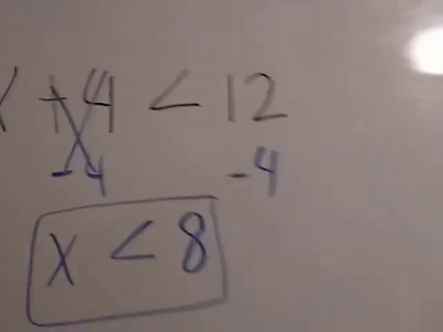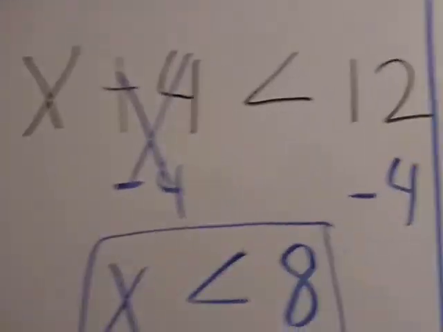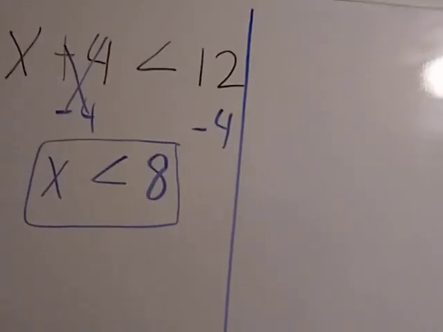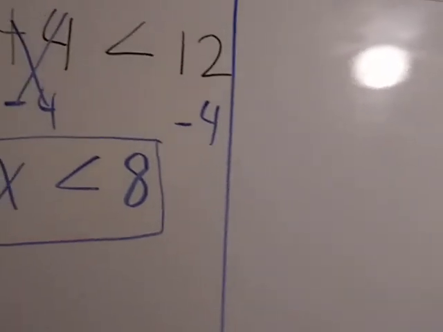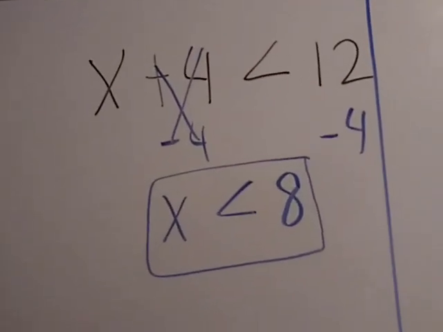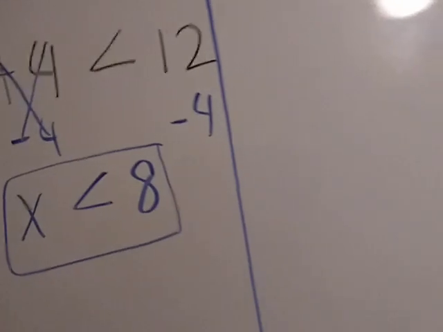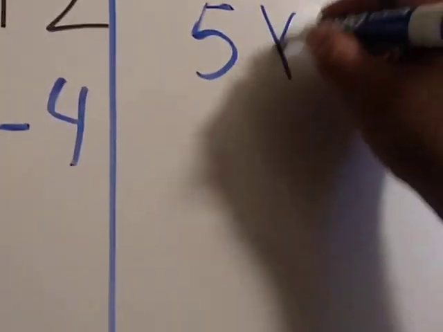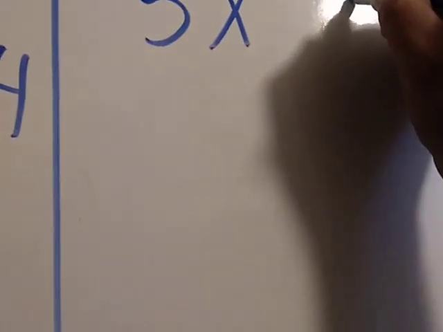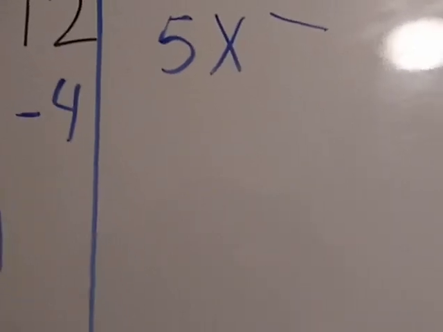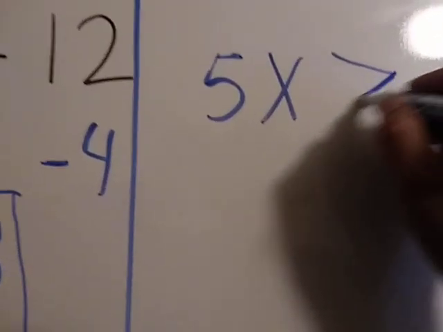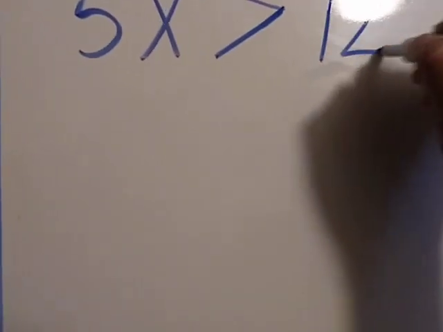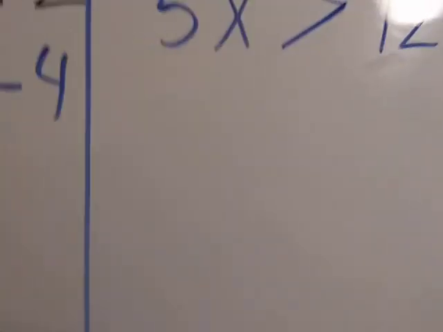Okay, so now we're going to look at, for example, the following here. So we have 5x is greater than 120.